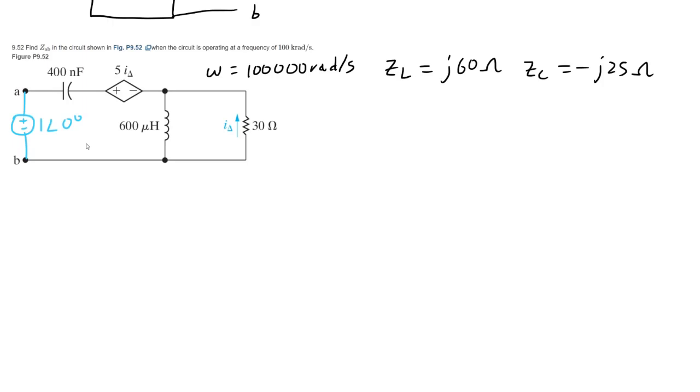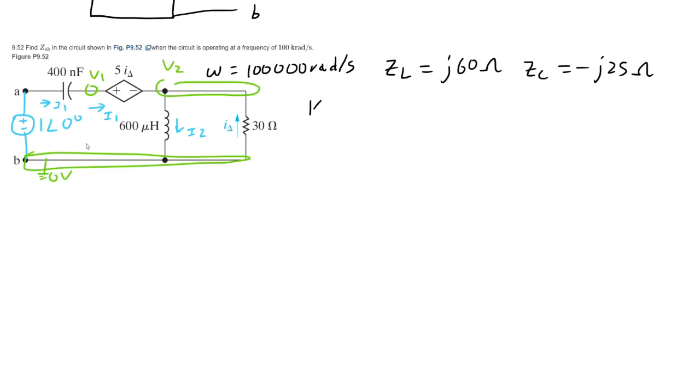If I say that this current right here is I1, this current is I1, and that this current is I2. If I say this is 0 volts, this is going to be V1, V2. Okay.